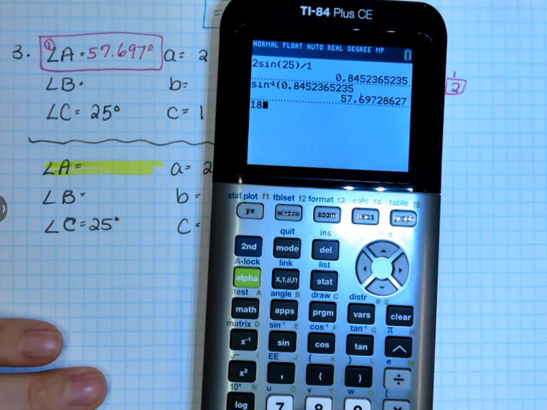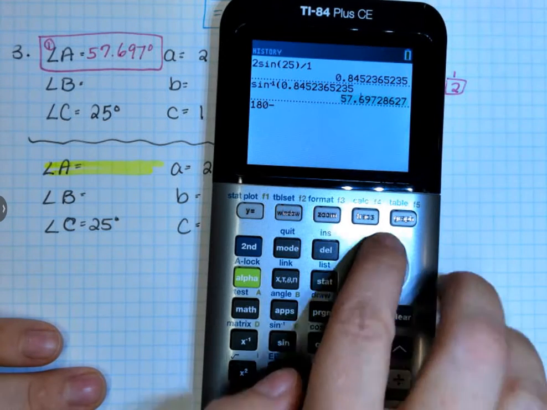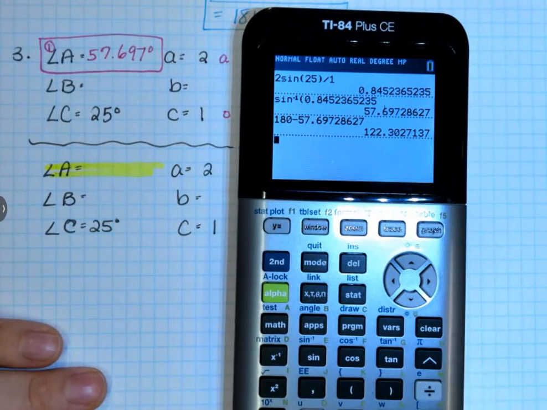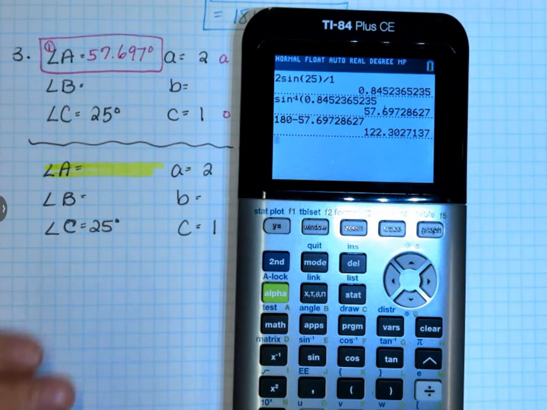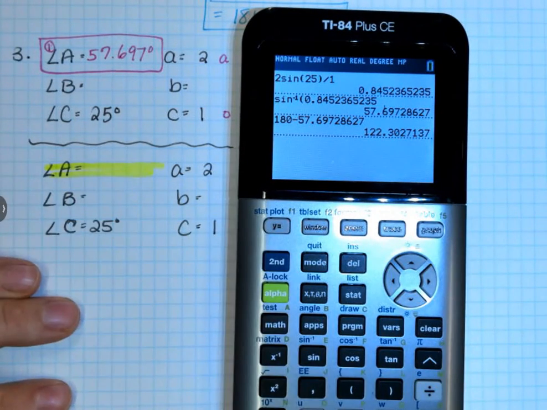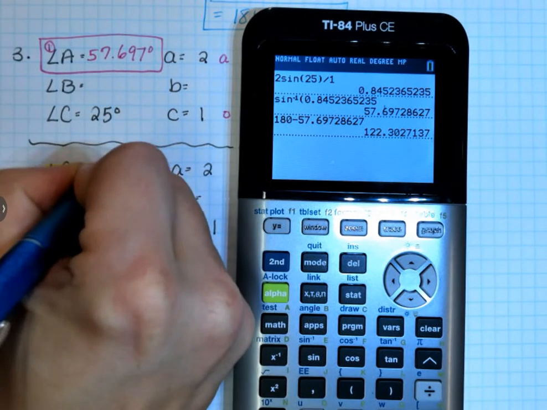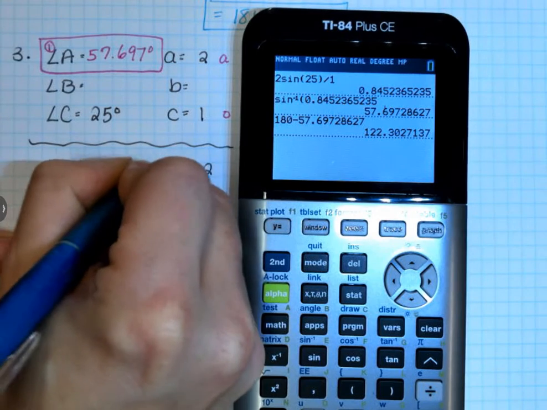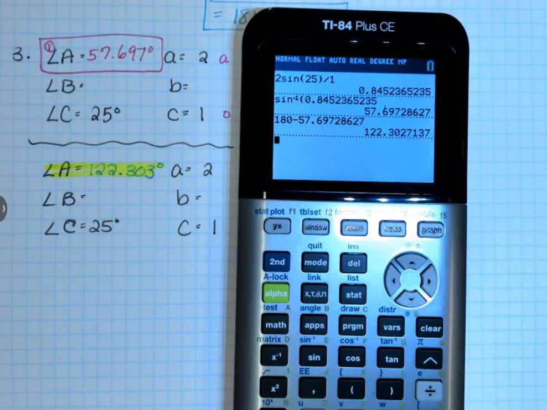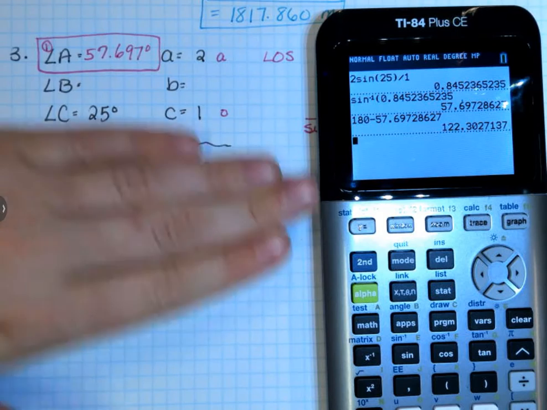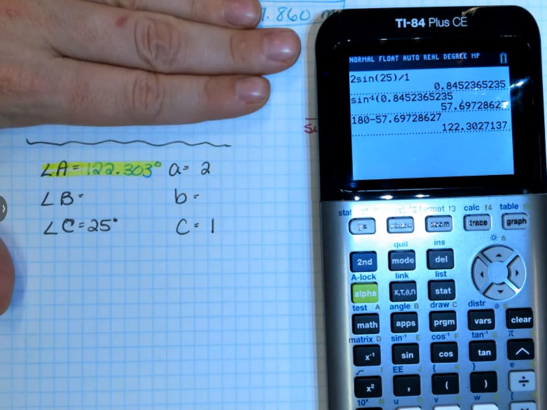So I'm going to say 180 minus, grab that sucker. And so for my second triangle, now I have that A is 122.303 degrees. Are you okay with that so far? Once you have that, you're going to handle both of those triangles completely separately.